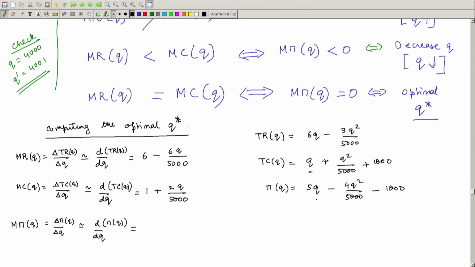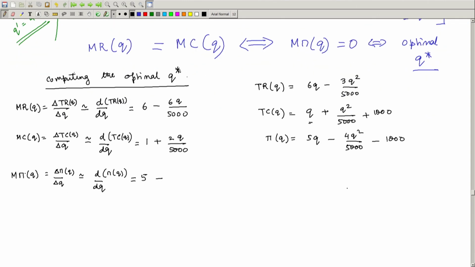and write it as the derivative of 5 times q with respect to q. The 5 will come out, the derivative of q with respect to q is going to be 1. So 5 times 1 is 5, minus the derivative of 4q square by 5000 with respect to q. Now notice here 4 upon 5000 will come out. The derivative of q square with respect to q is going to give me 2 times q.